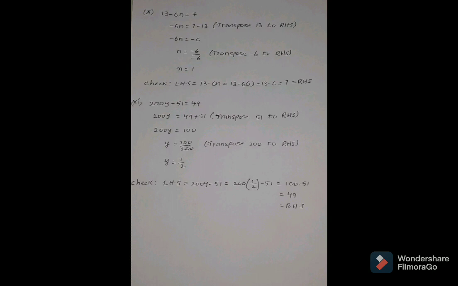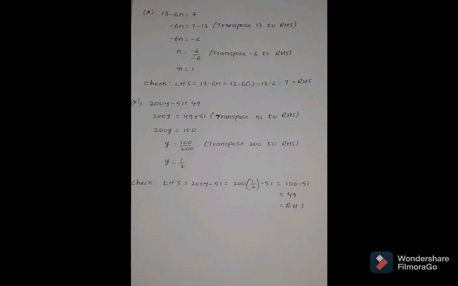Minus 51 transposing to RHS, it will change to plus 51. So 200y is equal to 49 plus 51. 49 plus 51, how much? 100. So 200y equal to 100.